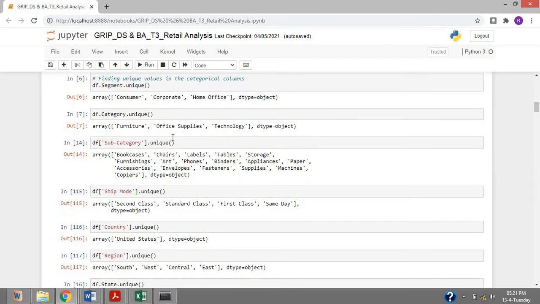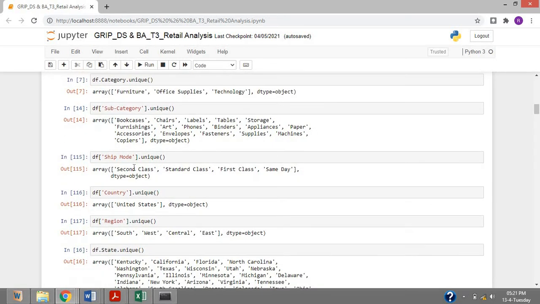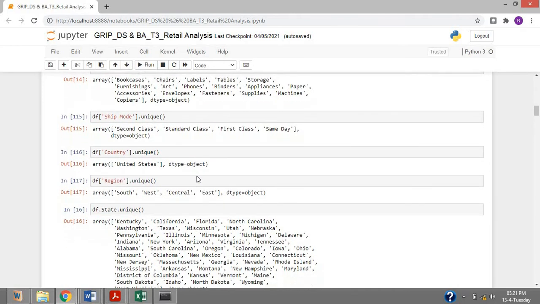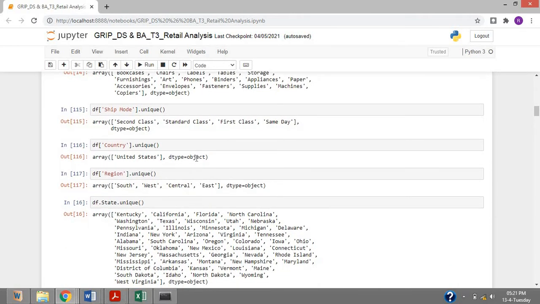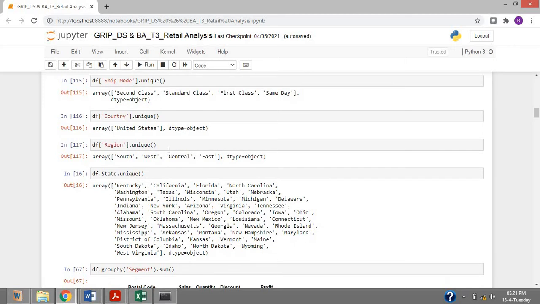There is a subcategory column, and these are the different subcategories. What subcategories come under a specific category? We will look at that at a later point when we do group by. For ship mode, there are 4 different modes of shipping. For country, this data is specific to the US.